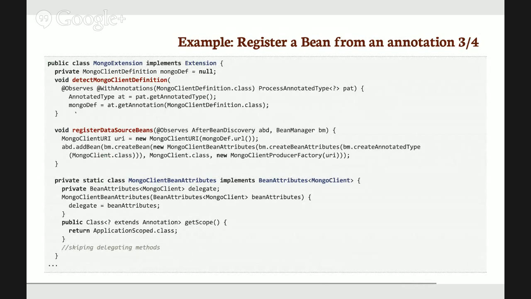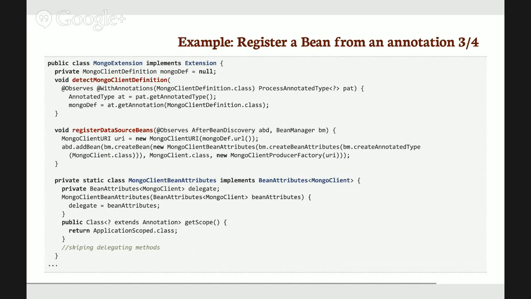Later, at the end of the life cycle, in the AfterBeanDiscovery, we can use the Mongo definition we have here, get the URL, and ask to create a new MongoClientURI from the URL, and after that, use the AfterBeanDiscovery event to add a new bean.